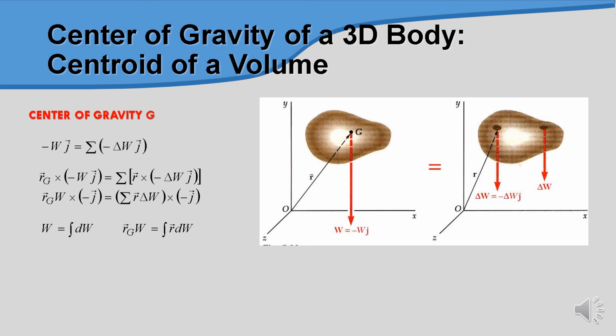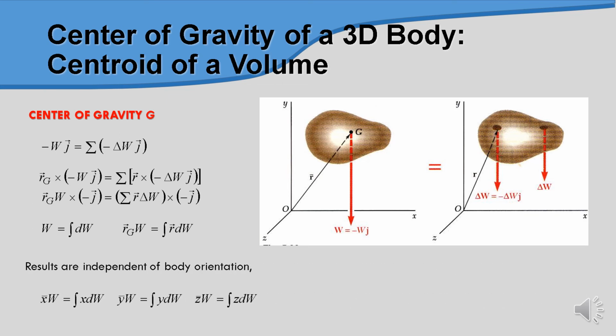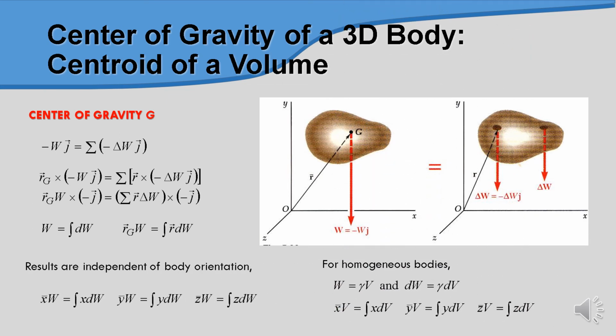To get the center of gravity, we will use this formula. This weight can be represented as a volume like this. By substituting the values of V and W, later on we will use the centroid of a volume by using this formula.